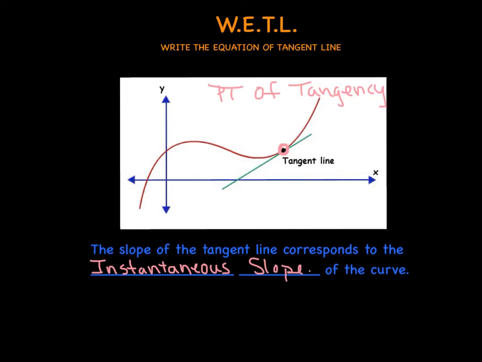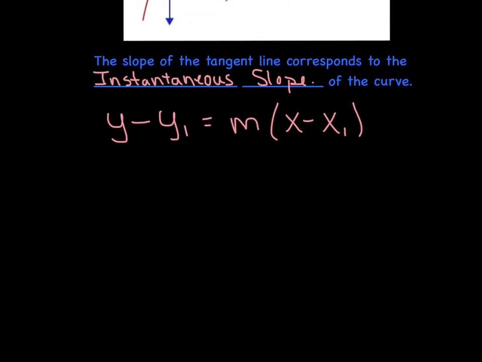All right, now, in order to write the equation of this green line right here, we're going to use the point-slope form of a linear equation, and all it says is y minus y sub 1 equals m times the quantity x minus x sub 1, where m represents the instantaneous slope at that point, and that's why we need to use our derivative, so that we can calculate that instantaneous slope.